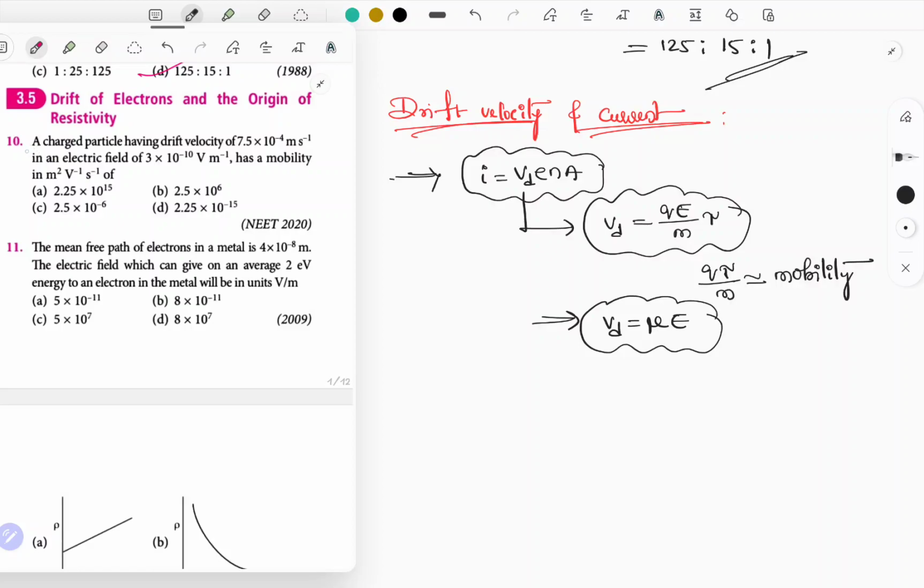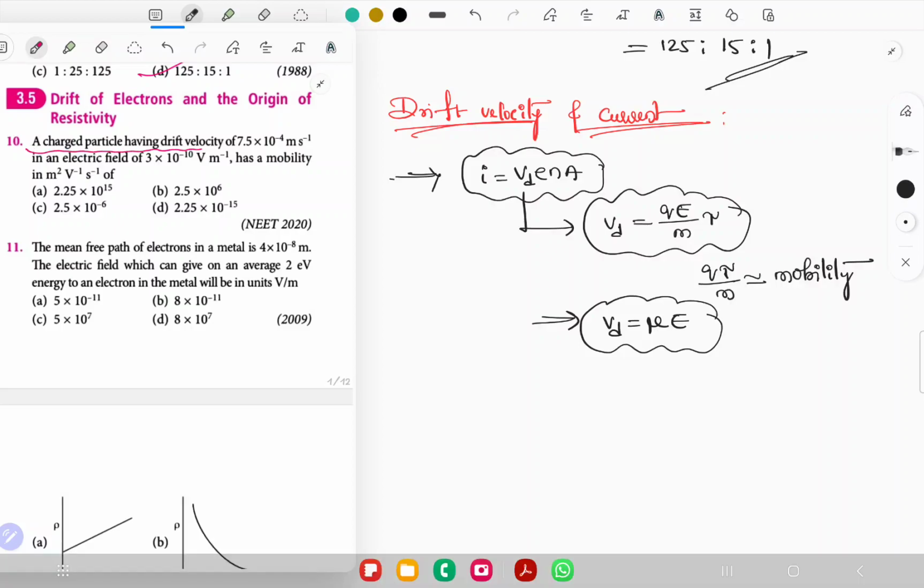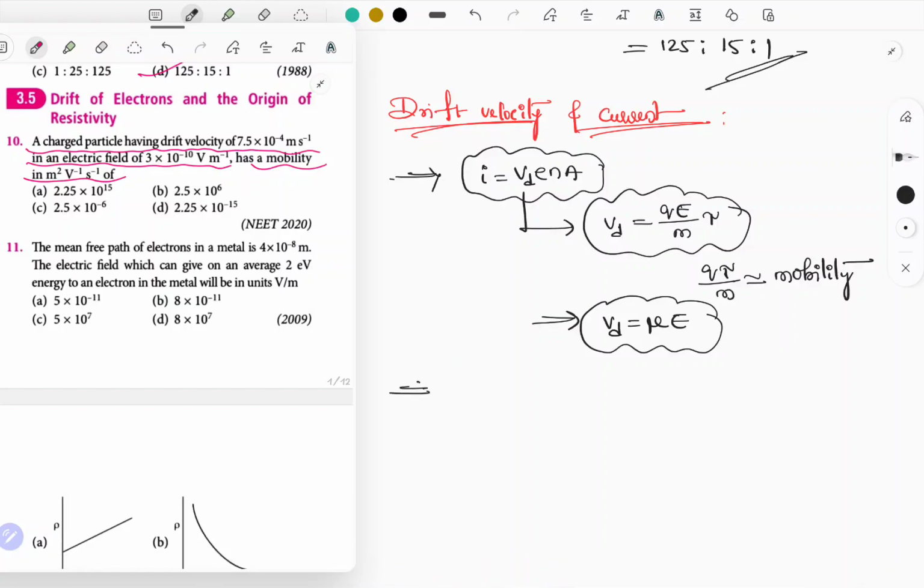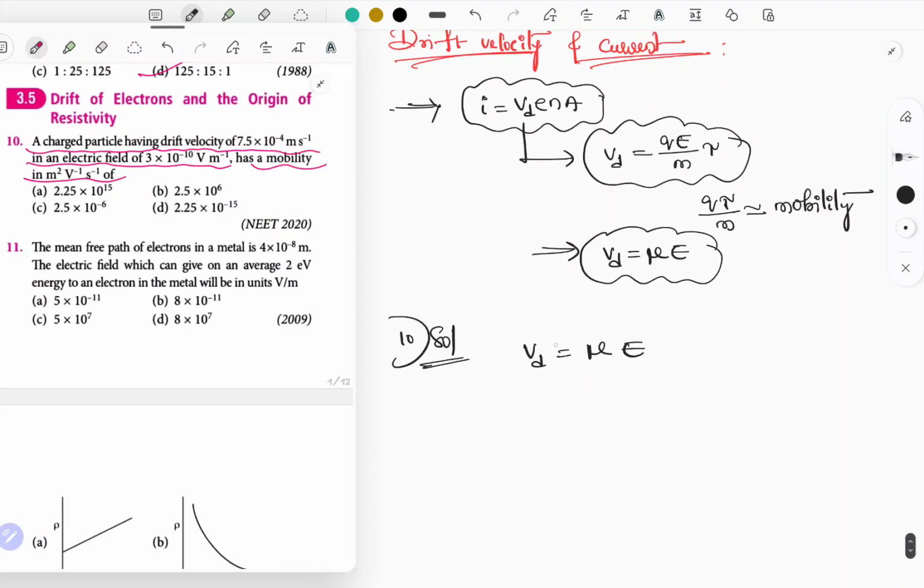Question number 10. A charged particle having a drift velocity in electric field has a mobility of... they have given drift velocity and electric field and they are asking mobility. So just now I gave a formula for mobility. For the 10th one, solution: Vd is equal to mu into E, where mu is drift mobility.